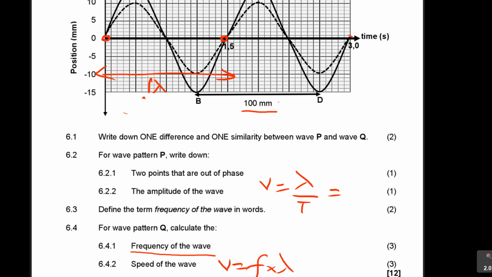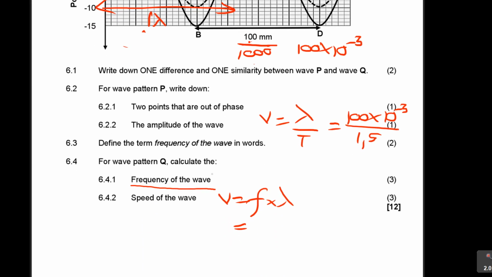You convert that to meters, which is 100 times 10 to the power negative 3. Always multiply by 10 to the power negative 3, or you can say 100 divided by 1000. So the wavelength is 100 times 10 to the power negative 3 meters, over the time, which is 1,5. It will give you the answer.